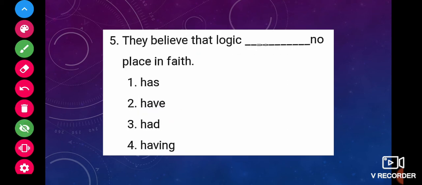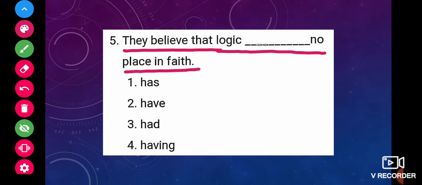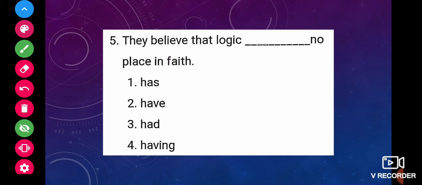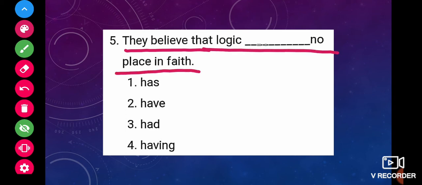Let us move ahead. They believe that logic dash no faith in place. Sorry, I misunderstood. I misplaced these two words. The question is, they believe that logic dash no place in faith.